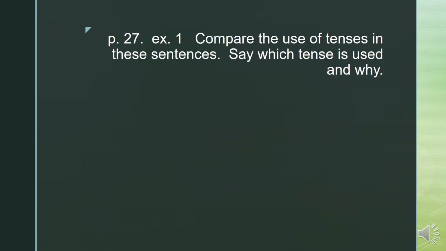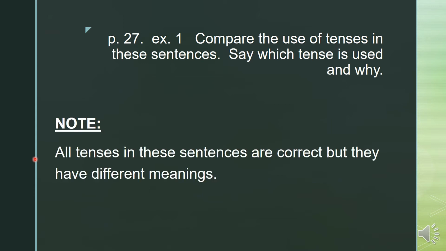So the directions say, page 27, exercise 1, compare the use of tenses in these sentences. Say which tense is used and why. Now, I think these instructions could be a little bit confusing, so let's pay careful attention to them. It says, say which tense is used and why, but note, all tenses in the sentences are correct, but they have different meanings.